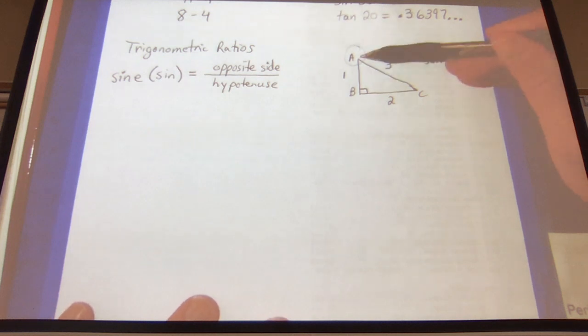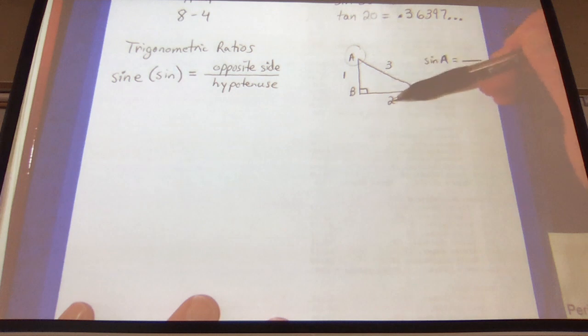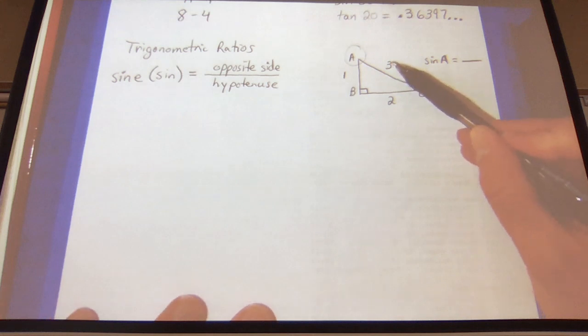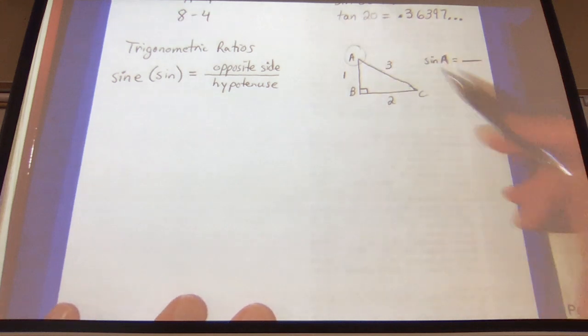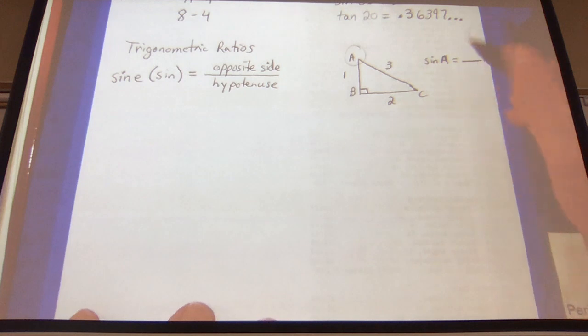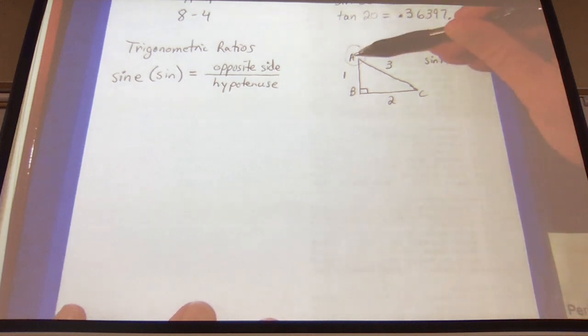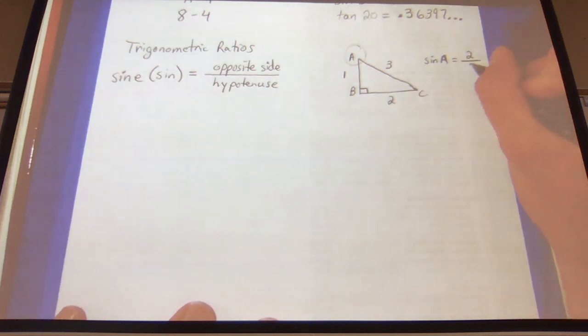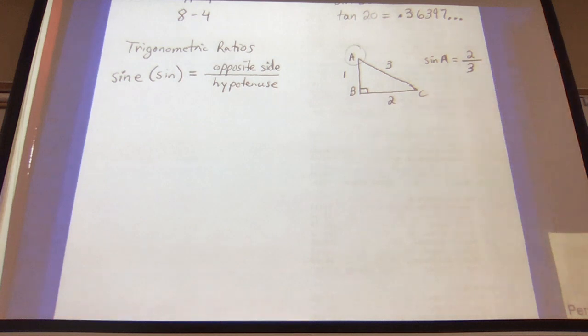That's right next to angle A. The side across from it, the 2, would be opposite angle A. And then 3 we know is the hypotenuse. That's the side across from the right angle. That's always the hypotenuse. So if I go opposite over hypotenuse from angle A, the side opposite angle A is a 2, and the hypotenuse is the 3. So that's the first thing we'll do with it.